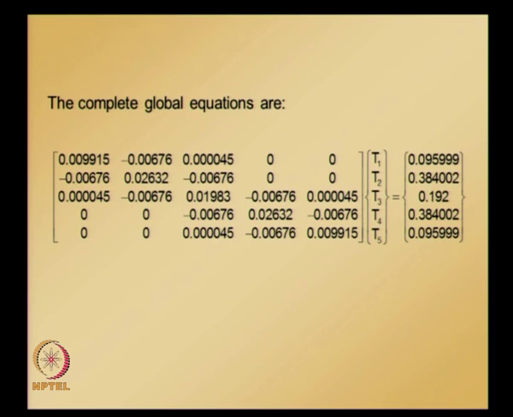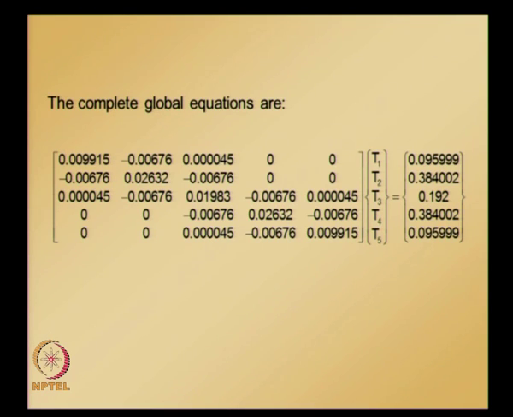And now here, before we proceed to solve for nodal temperatures, we need to make substitution of essential boundary conditions that are given. T1 is equal to 330 degrees centigrade, T5 is equal to 30 degrees centigrade.